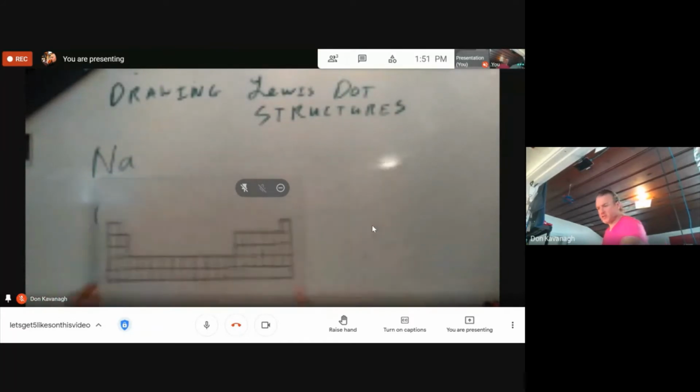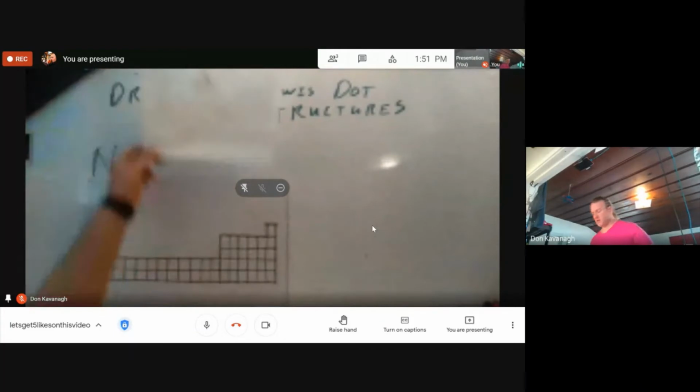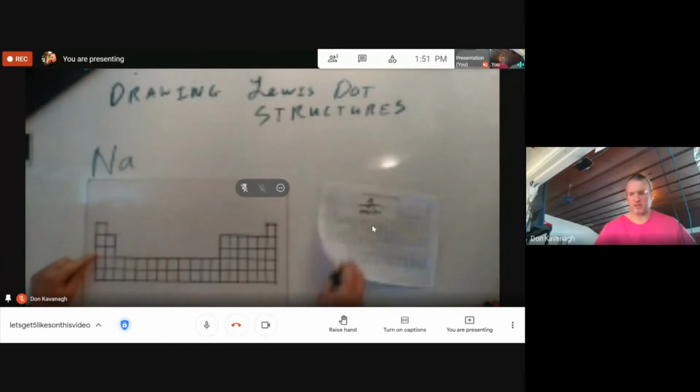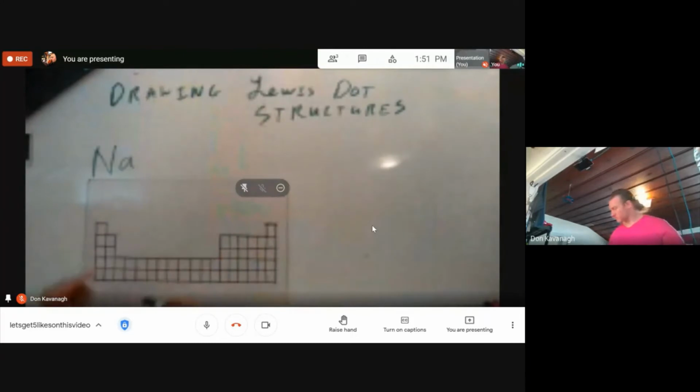So the first thing we need to do is locate sodium on our periodic table and convince yourself that this is the box that sodium lives in. Now, 1, 2, 3. In sodium's third shell, its valence shell, it has one electron.